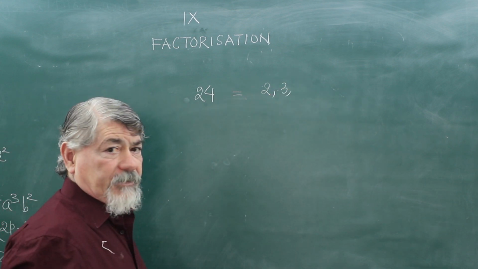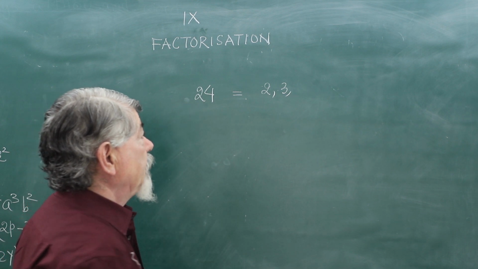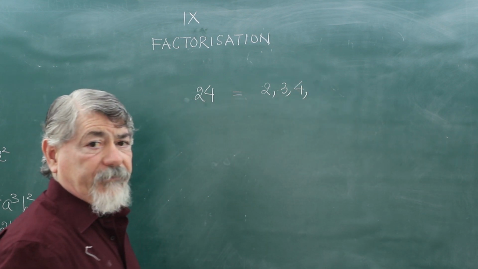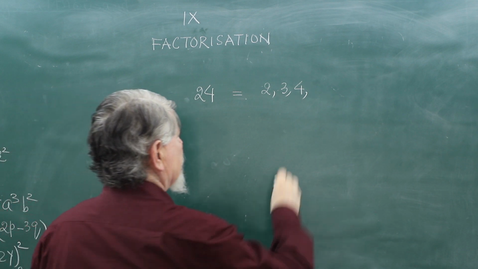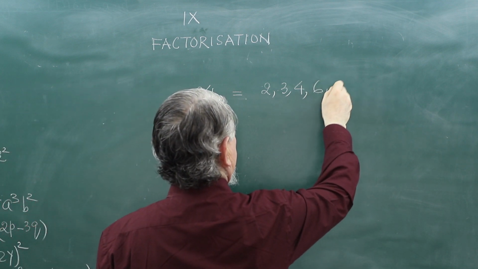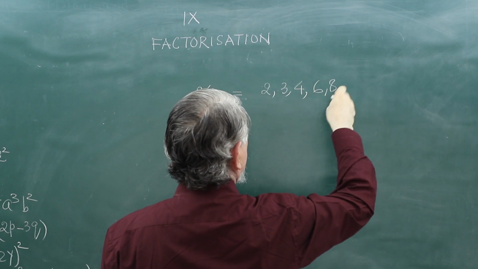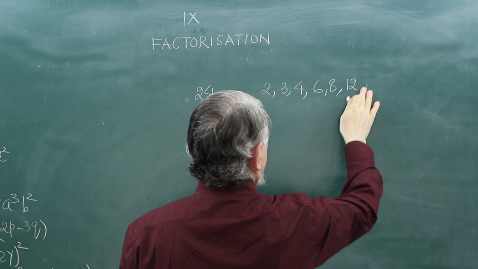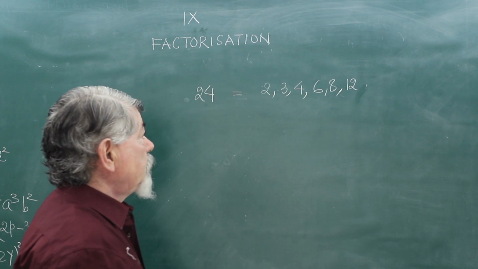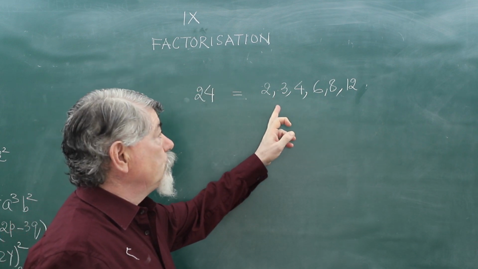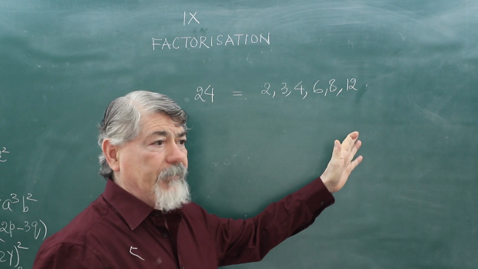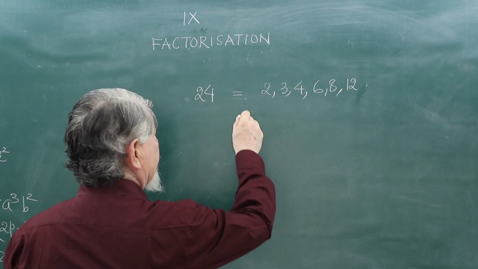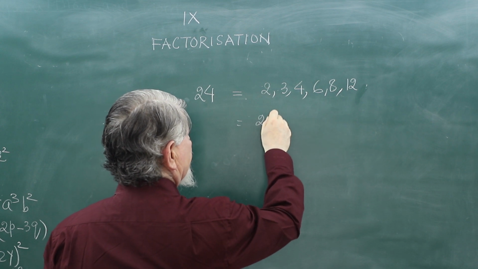Number 3 will divide 24 completely. 4 will divide number 24 completely. 6, 8, 12, and of course 24 will divide. So all these numbers 2, 3, 4, 6, 8, 12 are factors, I can write it as 2 and 12.